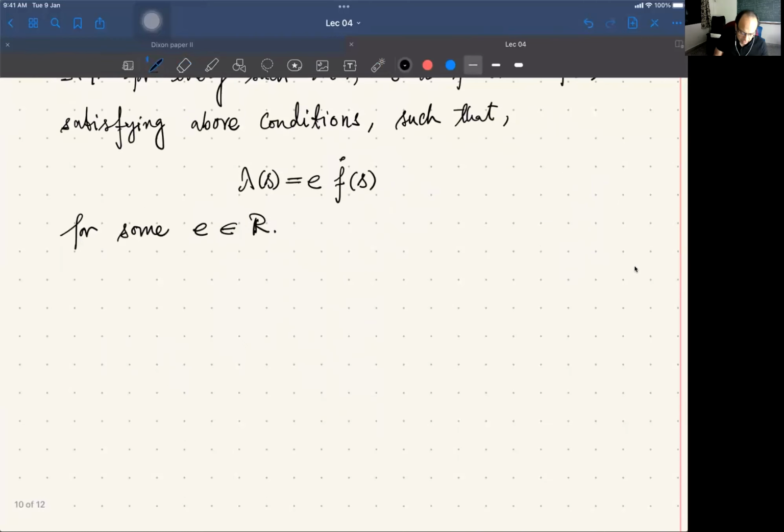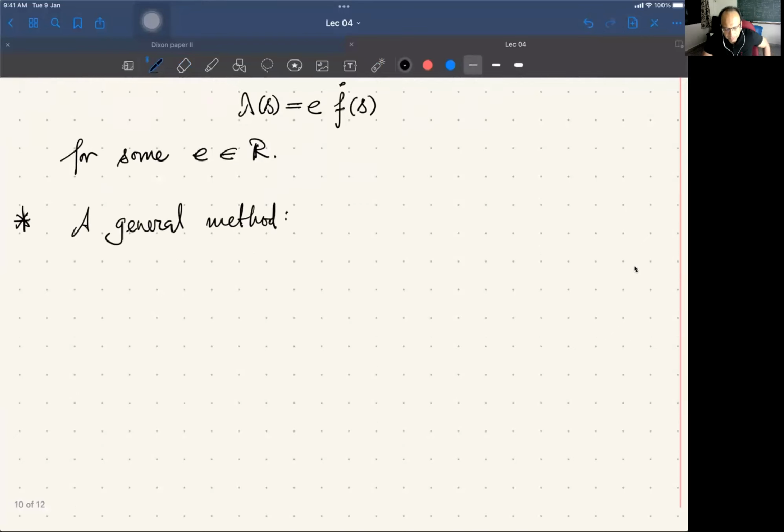Now I will be discussing a general method of answering this question. The method uses Fourier transforms, a good way of parametrizing functions which are continuously varying in their argument.